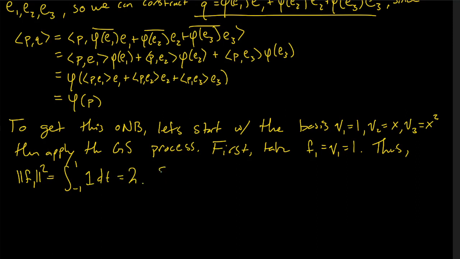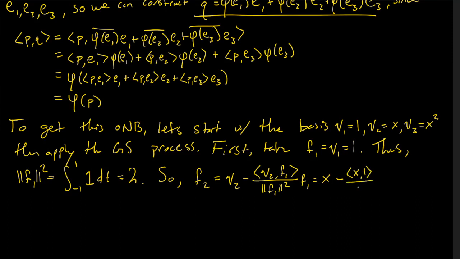Okay, so F2 is equal to V2 minus the inner product of V2 with F1 over the norm of F1 squared, scaling F1, which is equal to x minus the inner product of x with the constant polynomial 1 over the norm of F1 squared, which is 2.